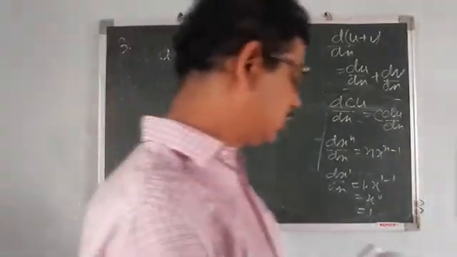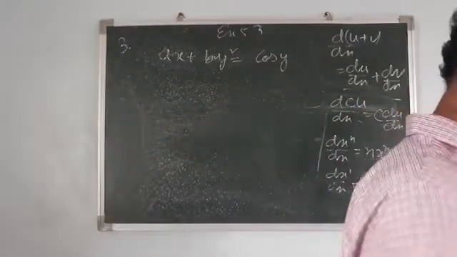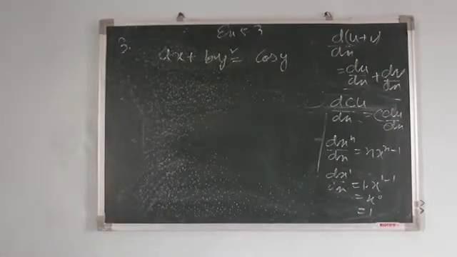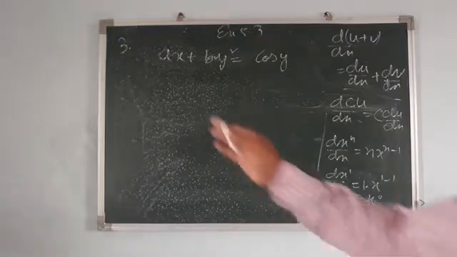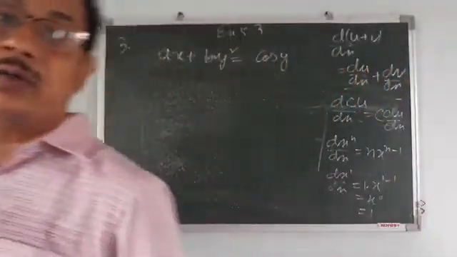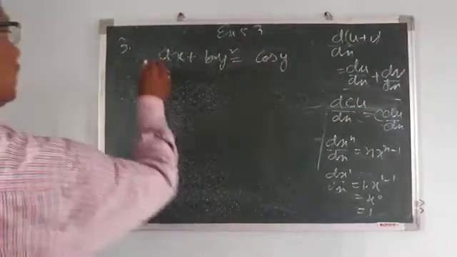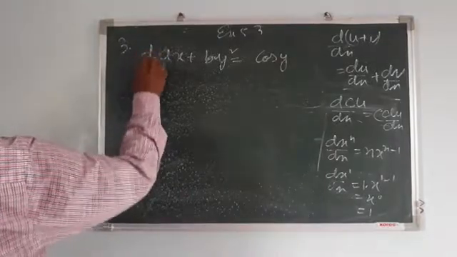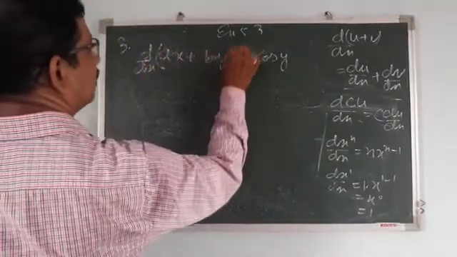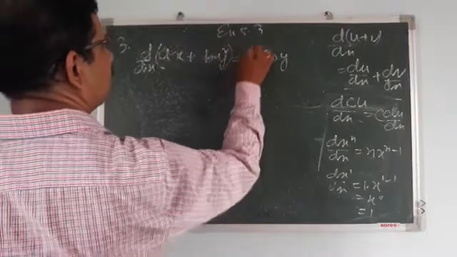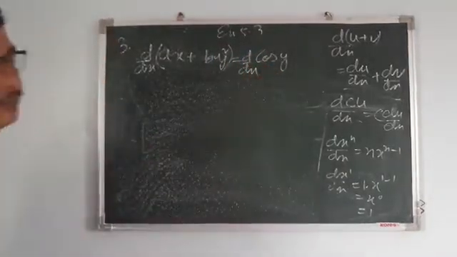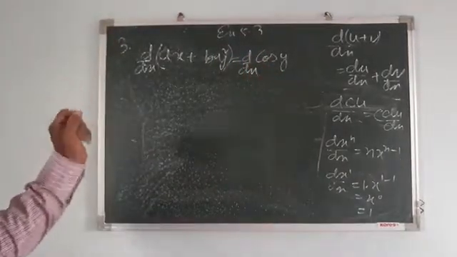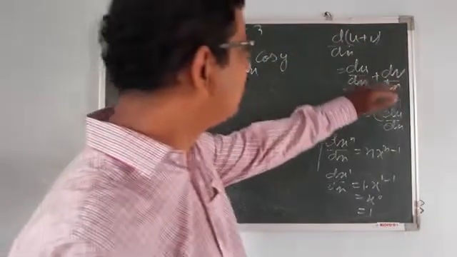This is our question number 3. Process is similar. That is, what is our process? Process is we have to differentiate both the side with respect to x. We need dy/dx, that's why. That is, we have to give d/dx in both the side. That is our first technique. Then use of this formula.